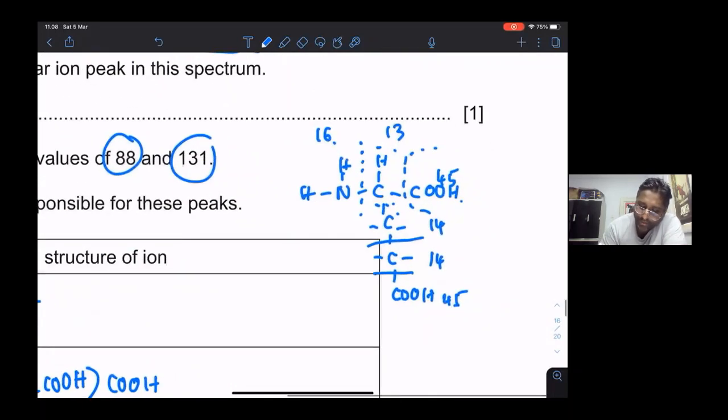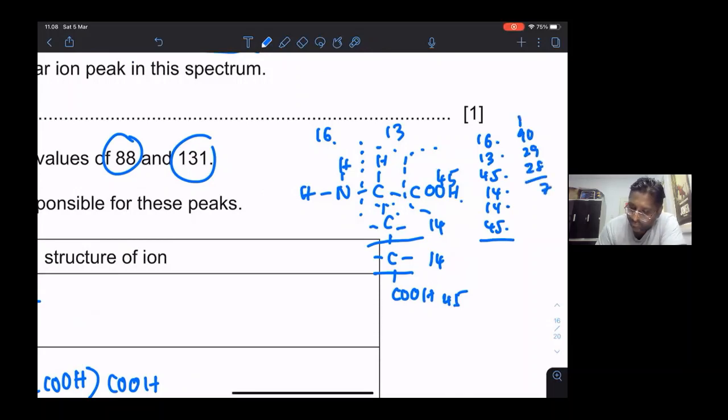I just need to add all this: 16 plus 13 plus 45, 14, 14, 45, so that's going to be 147.